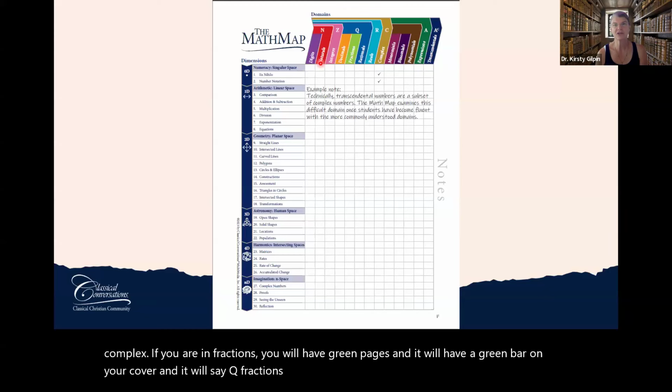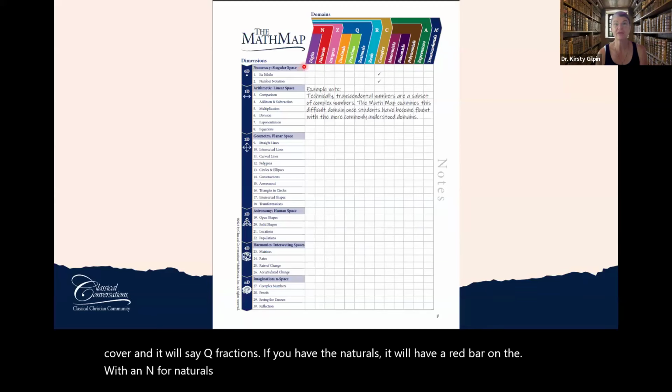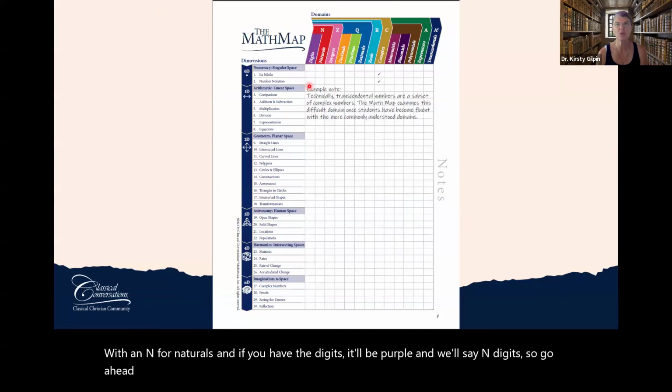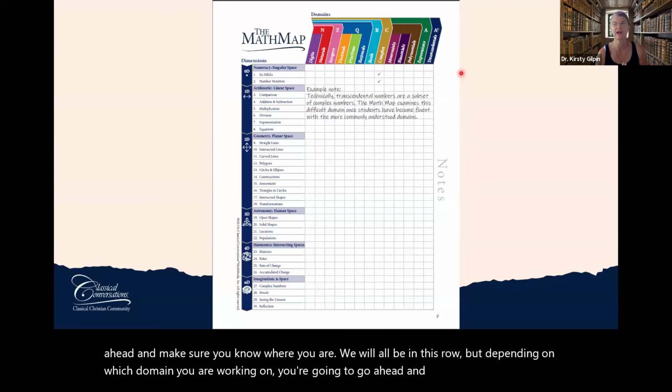If you have the naturals, it will have red for naturals. And it will be purple and say N digits. So go ahead and make sure you know where you are. We will all be in this row, but depending on which domain you are working in, you're going to put your check mark there.